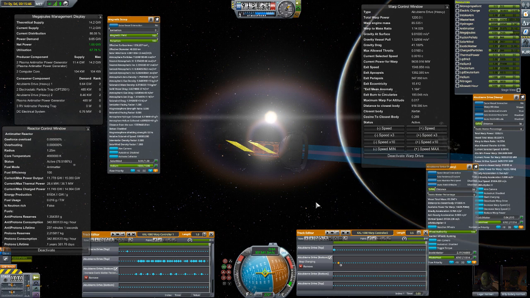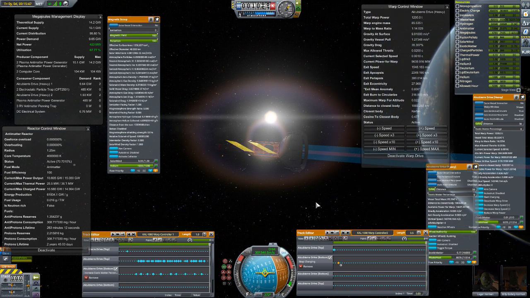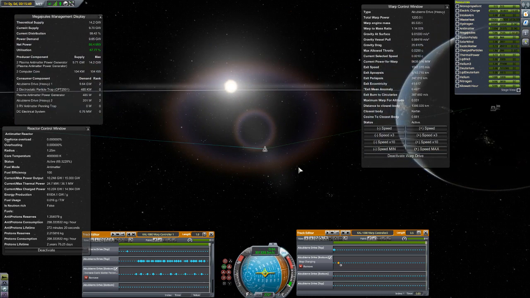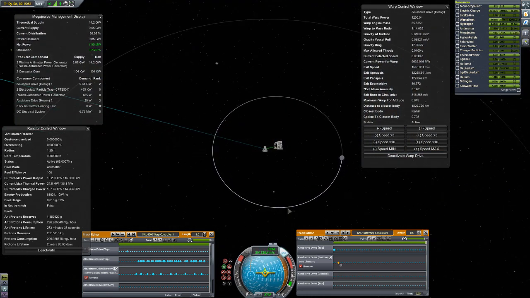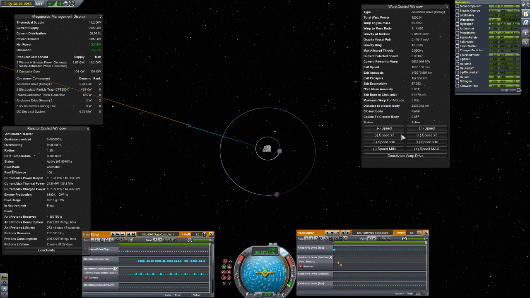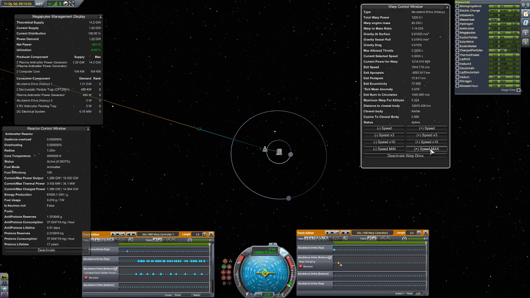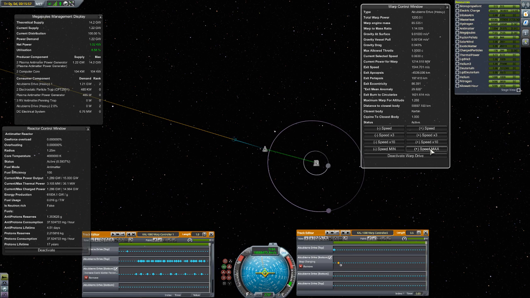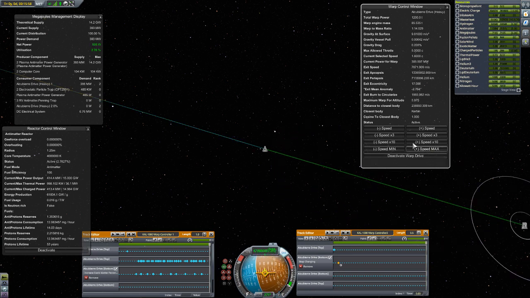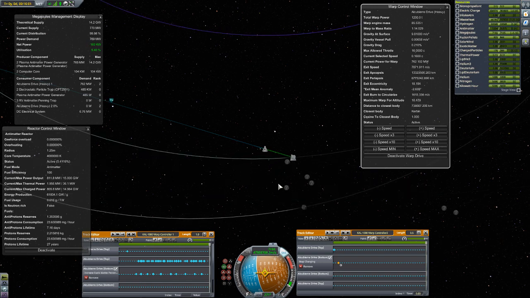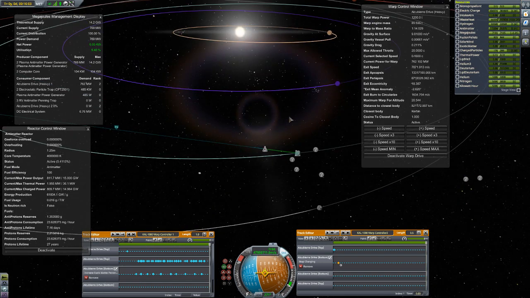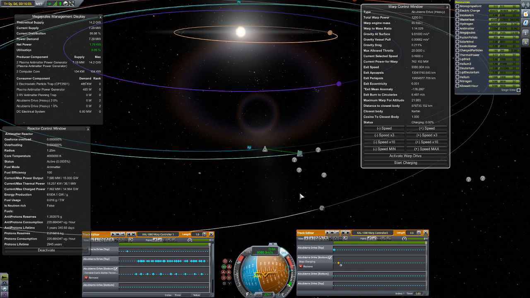All right, so we're going to drift along. Make sure we get well outside the sphere of influence of Kerbal. That looks pretty good right there.